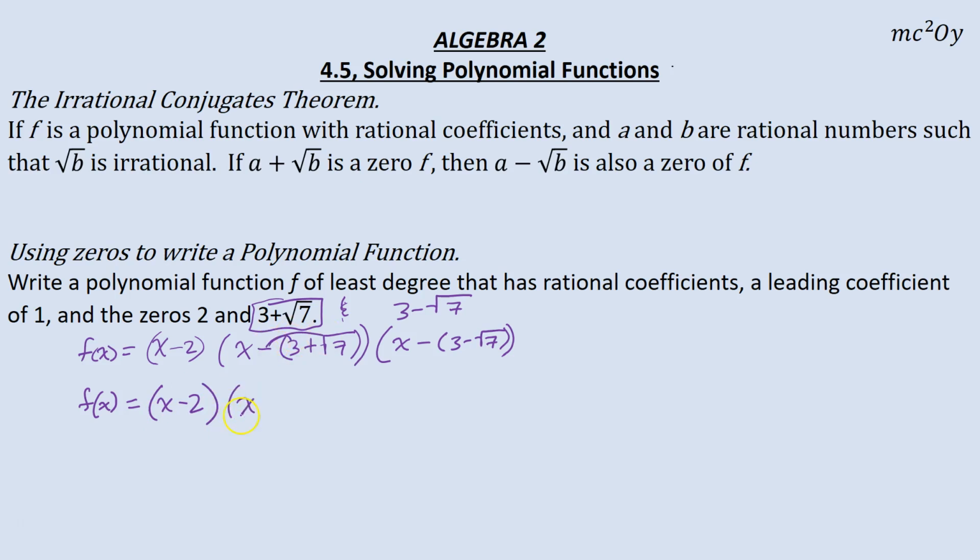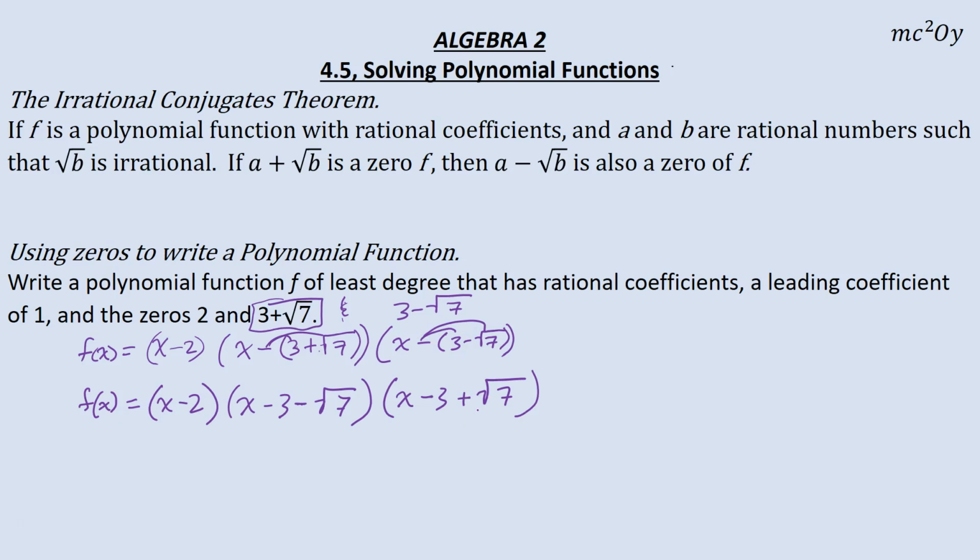So this is going to be x minus 3 plus root 7. And this is x minus 3 minus root 7 here. Distribute the negative, so negative times negative is positive.